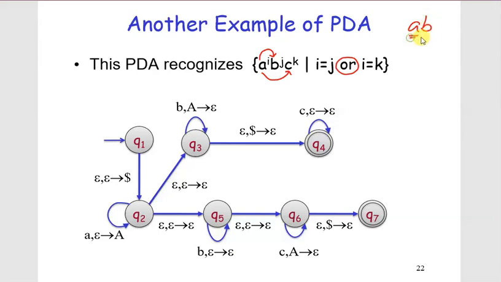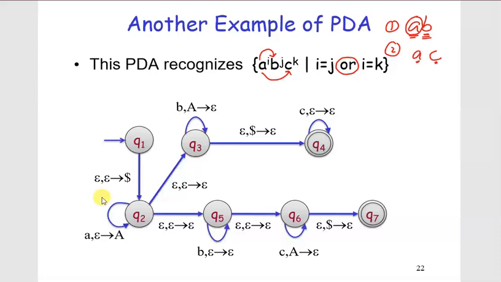The number of A must be equal to the number of B. So once we read alphabet A, we push a symbol into the stack, and after that we read alphabet B, and then we pop a symbol from the stack. The second case is A and C. Once we read alphabet A, we push a symbol into the stack, and once we read alphabet C, we pop a symbol from the stack.